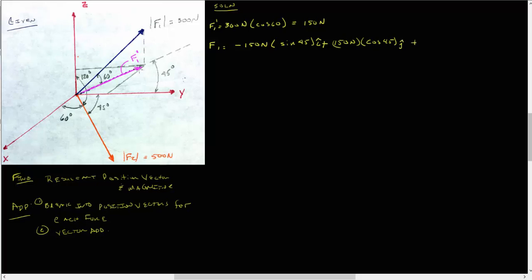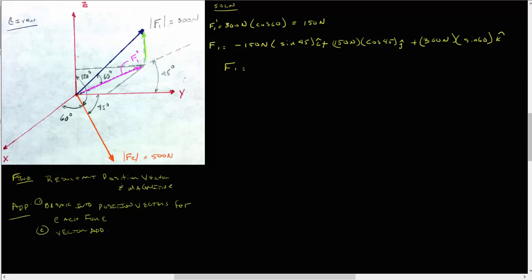Then I'm going to say, okay, so my z is still going to be 300 newtons, because that's not in my xy plane, so it's 300 newtons, and that's going to be times the sine of 60. So now we're looking at this one right here, and that's going to be in my k direction.